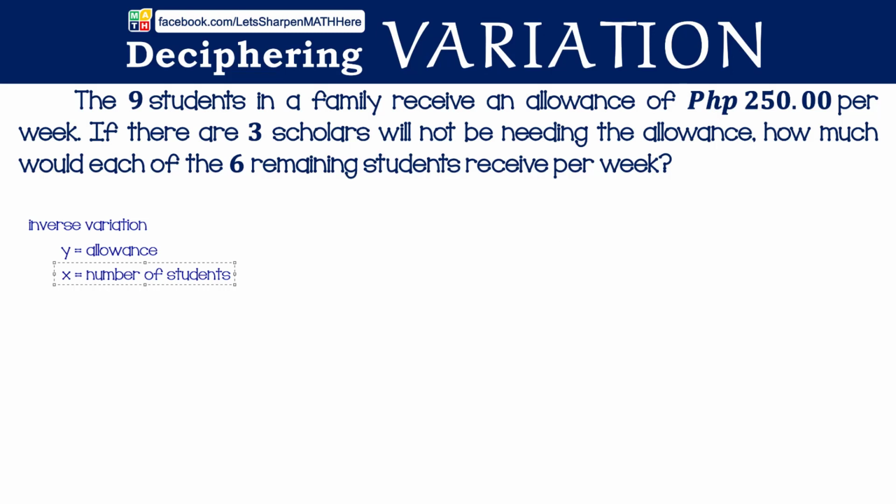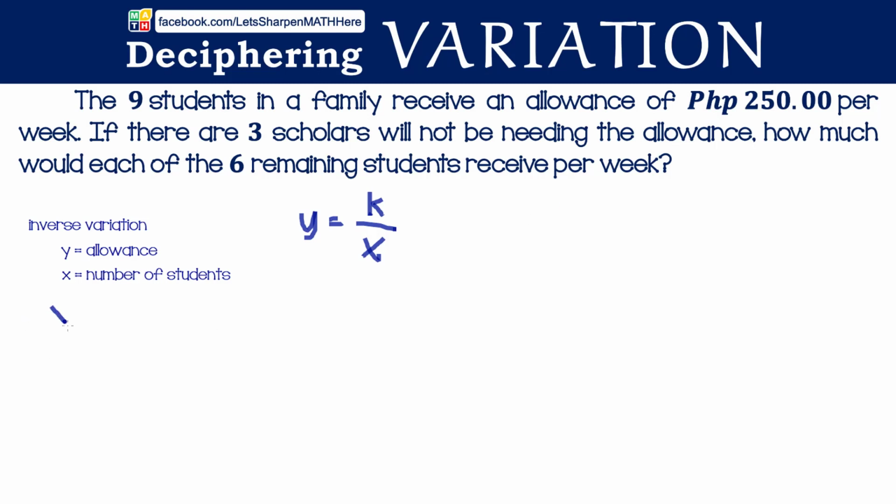So we will be solving this using this equation, y is equal to k over x, where k is your constant of proportionality. We are going to substitute here values already given in the problem, and we'll be solving for the value of k, which will also be used to solve the unknown.